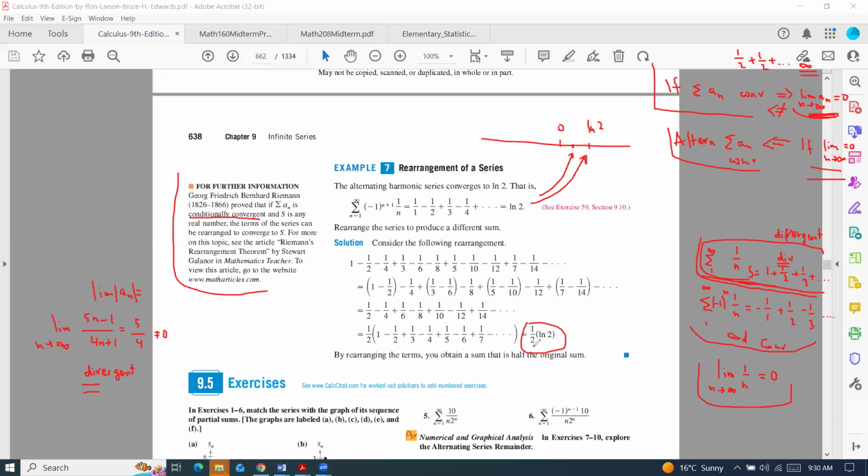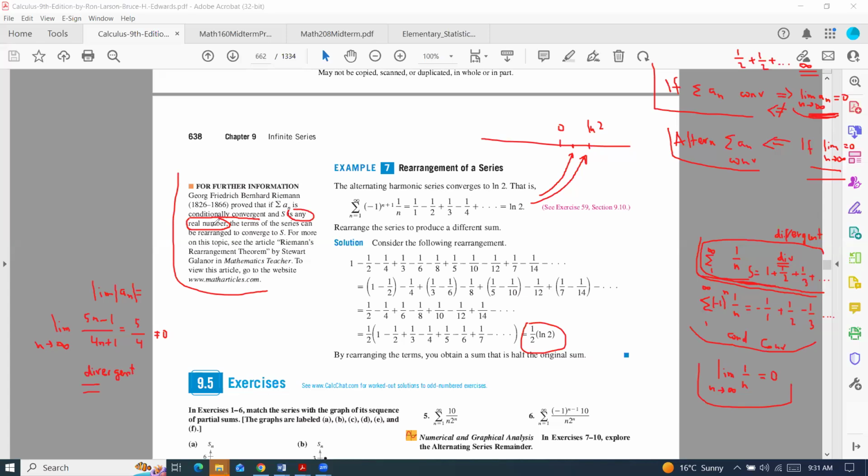Or you could get any number whatsoever, so you can say that it actually converges to any real number, which is a really amazing fact. So a conditionally convergent series can converge to any real number. See, conditional convergence is really something that one cannot comprehend, because how can it be logically possible to converge to any real number?